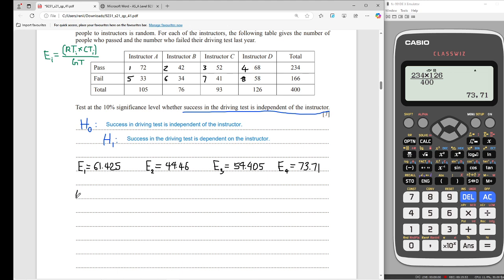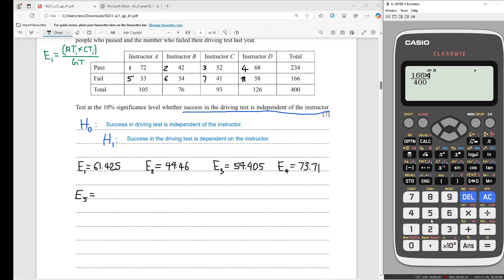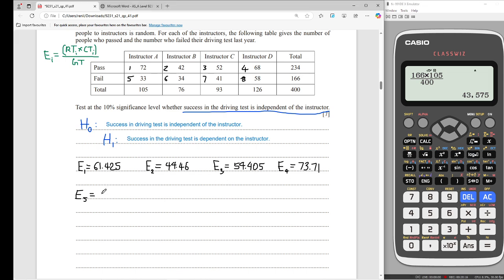Let's calculate E5. Now our formula changes, except for the grand total, because the row total becomes 166. The column total resets back to the first one, which is 105. And now our expected value becomes 43.575.